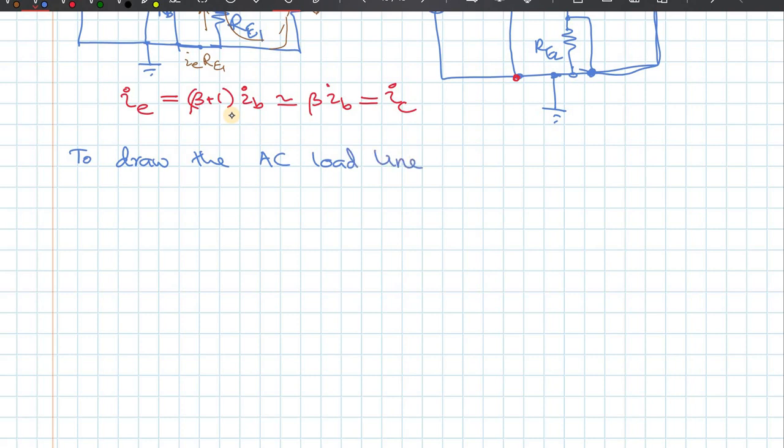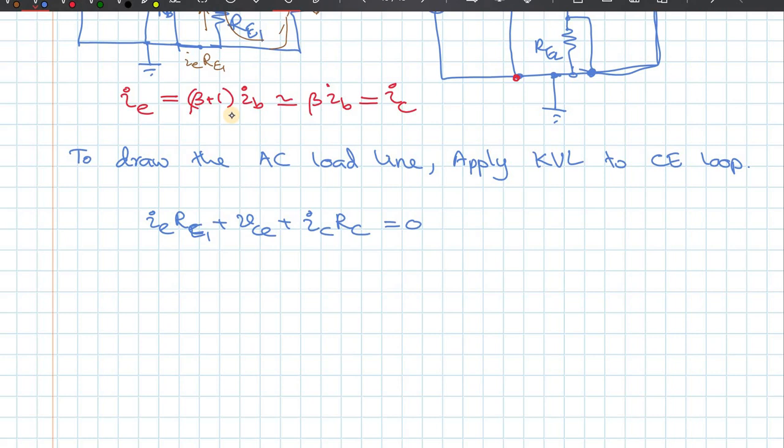Okay, so therefore I can write IE RE1 plus VCE plus IC RC is equal to 0.